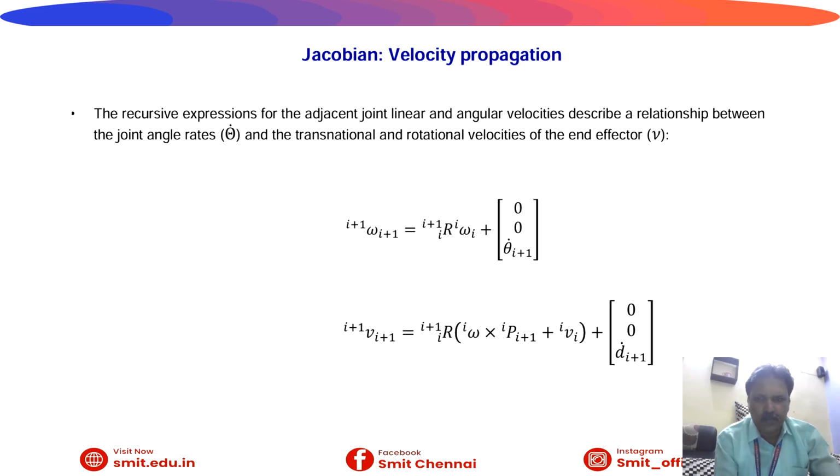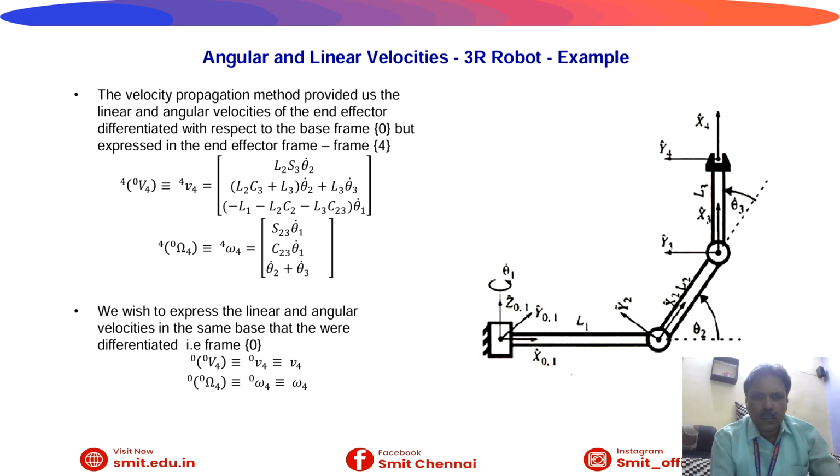What does that mean? i plus 1 omega i plus 1 equals i plus 1 R i omega i plus, in matrix form, 0 0 theta dot i plus 1, because that is the derivative of angle with respect to time, the angular velocity. Here we can see the links and finally the end effector. At the topmost side you can see theta 3, link L3, L2, theta 2, L1, and it has no angle corresponding to the first link.